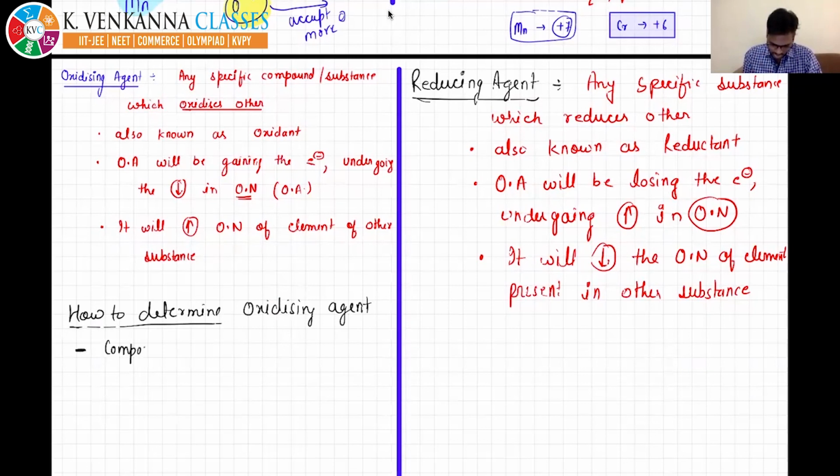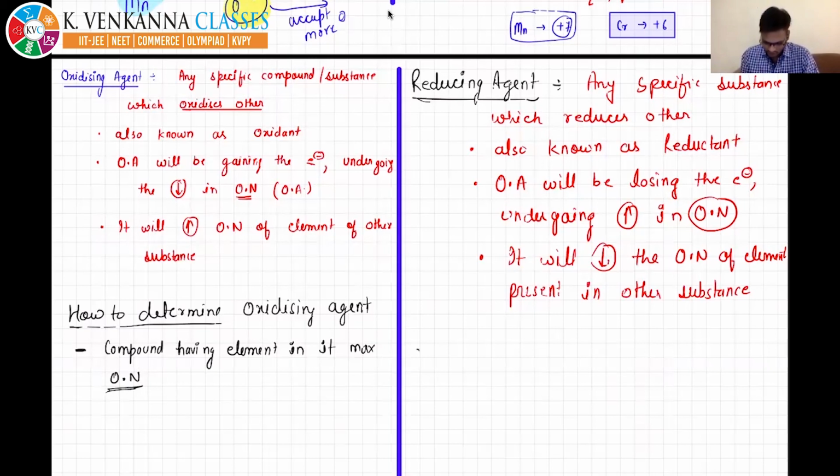A compound having an element in its maximum oxidation number. If it is present in maximum oxidation number, its oxidation number cannot be increased further, so it has to lower its oxidation number, right? If the oxidation number of the compound is decreasing, it is getting reduced, but it will be oxidizing others.